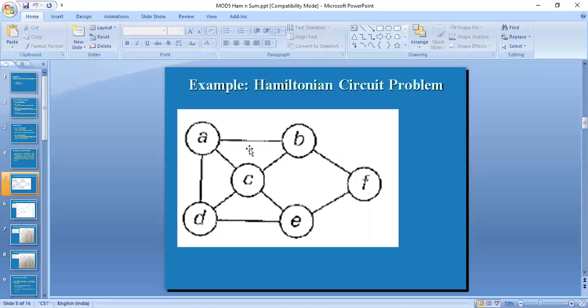For example, you are traversing from A to B, B to F, F to E, E to C, C to D, and back to A. Suppose here, how many vertices are there? The number of vertices given is 6. So you will start with vertex A. All the remaining 5 vertices will be visited exactly once and you come back to the starting vertex. That is nothing but what is called the Hamiltonian circuit.